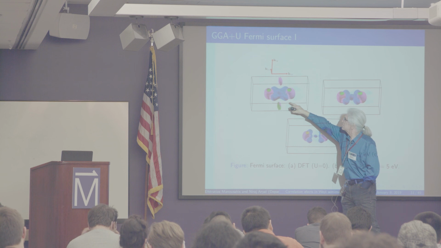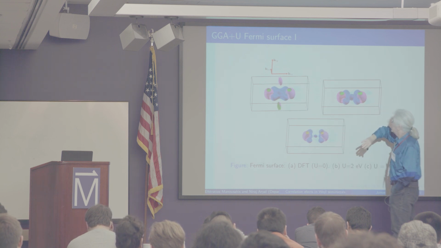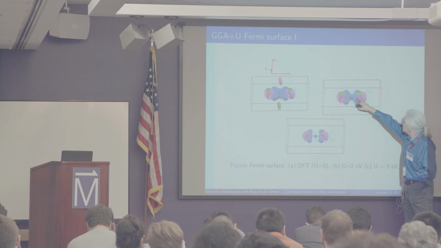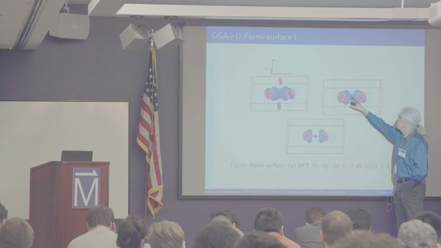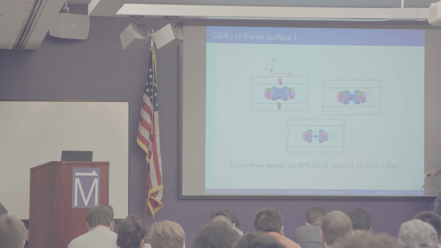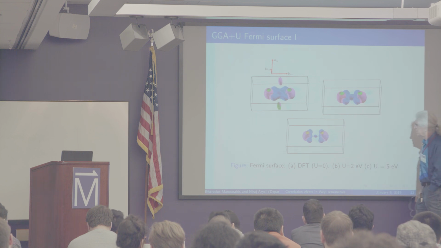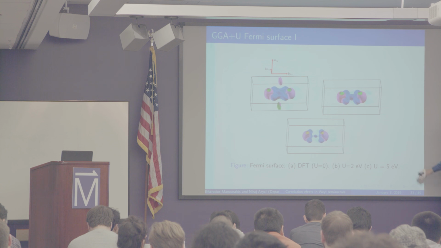Here it looks like a big hole pocket, and here you are getting some different structure. It looks like a head with ears, and all of a sudden those ears disappear from the head. It gets smaller, and this is some sort of Lifshitz transition happening at 5, or less than 5, 4 point something, U equals 4.2.